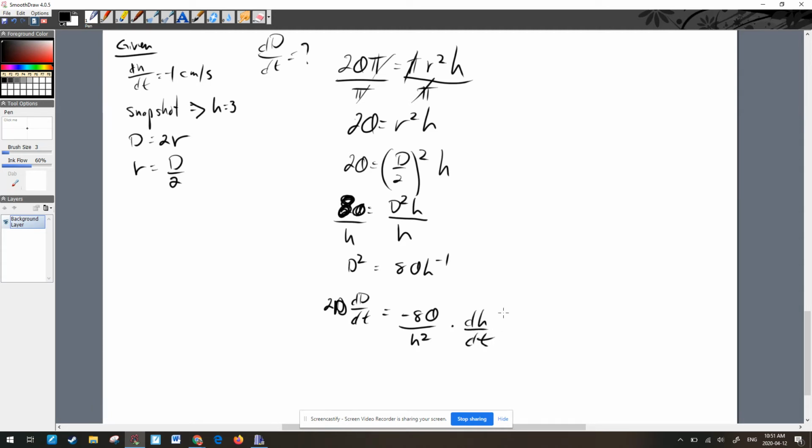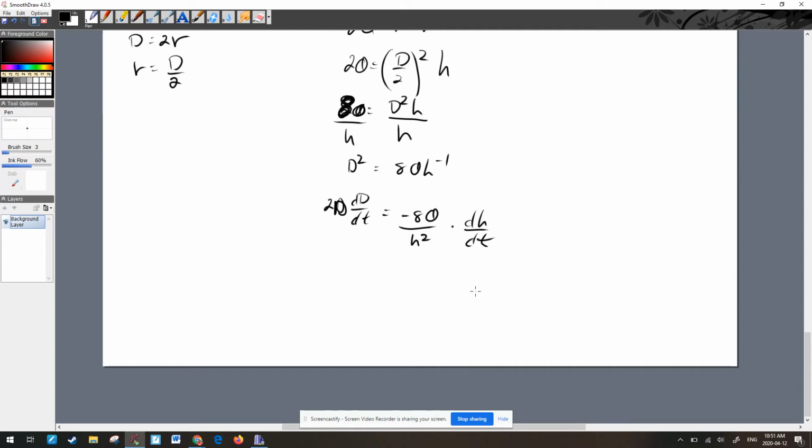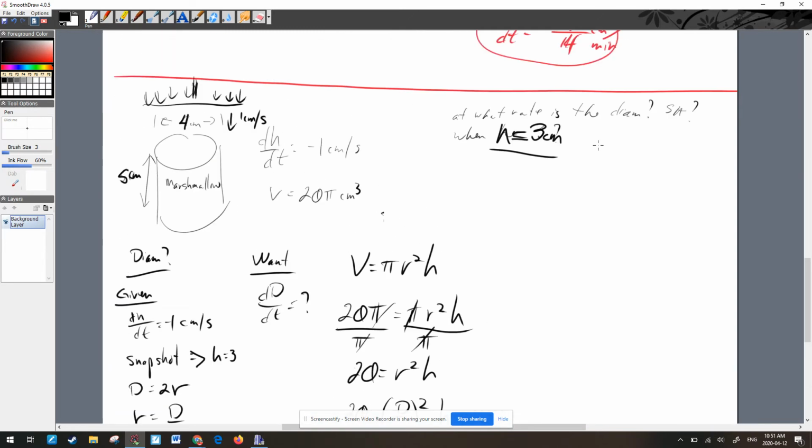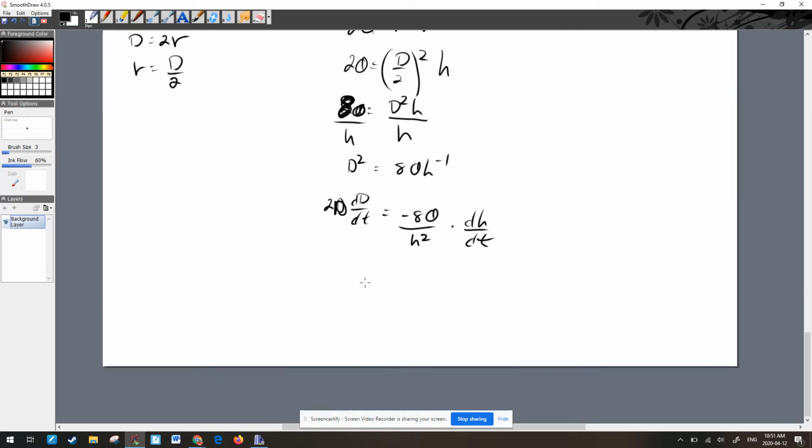Now I know dh by dt is negative 1, and h is 3 at our snapshot. So we get negative 80 over 3 squared times negative 1, and dd by dt is what we're after.